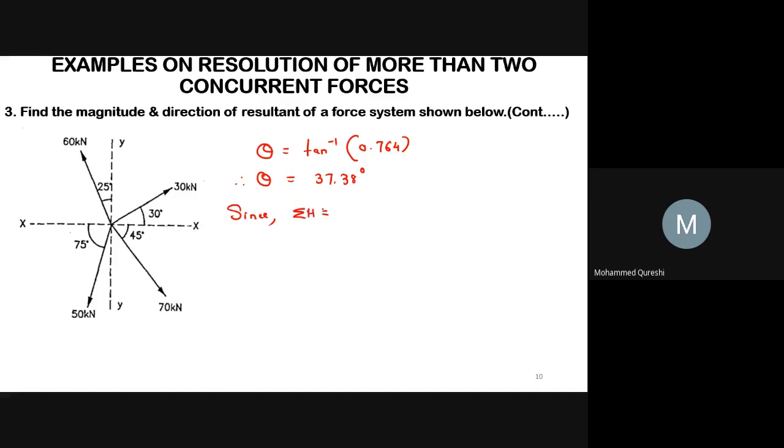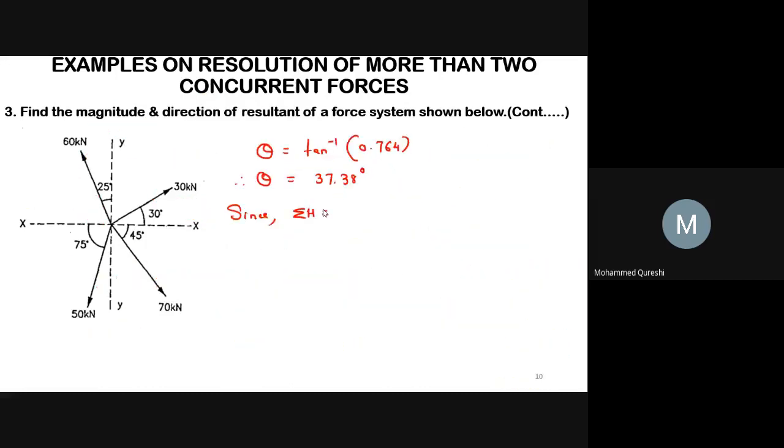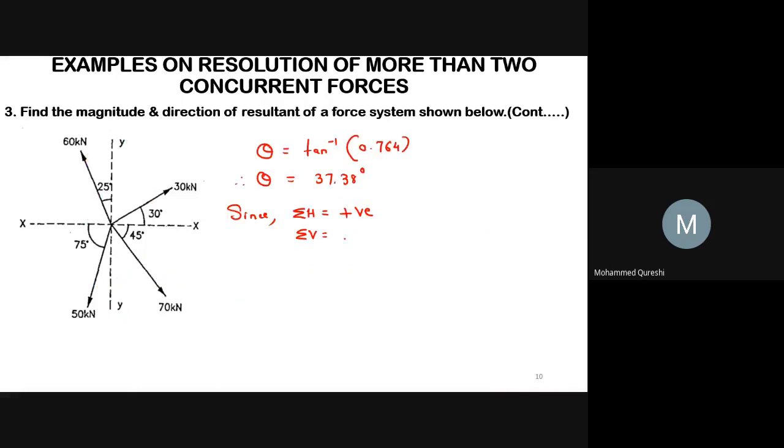Since in this sum sigma h is positive, and sigma v is negative, here minus 28.42 is negative. Therefore our resultant will be in which quadrant?